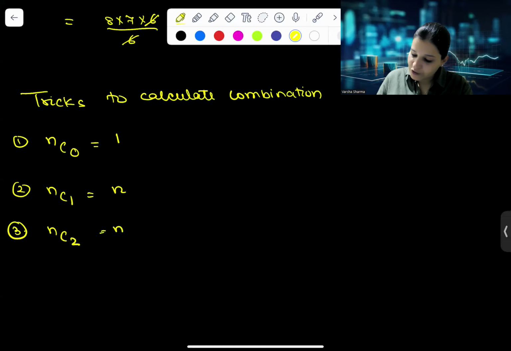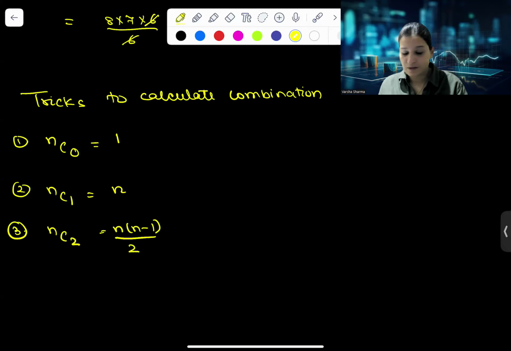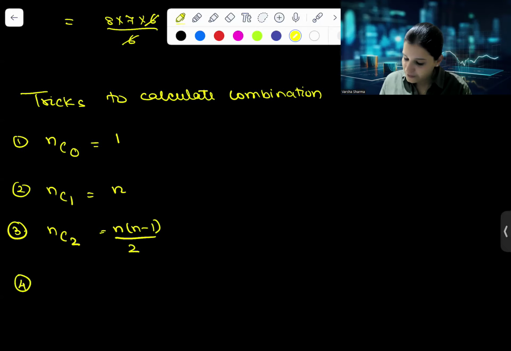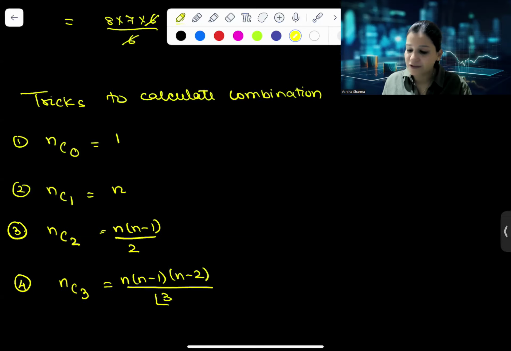First will be n, the next will be a number smaller than that, divided by factorial 2, that is 2. Fourth, nC3. Since it is 3, multiply three numbers: n, n minus 1, n minus 2, divided by factorial 3.